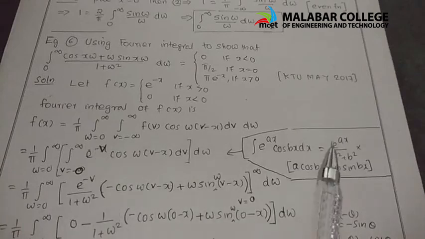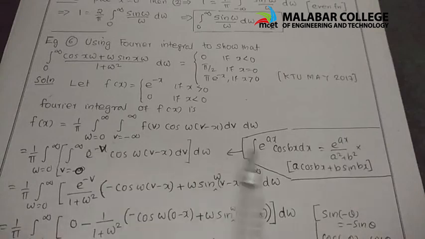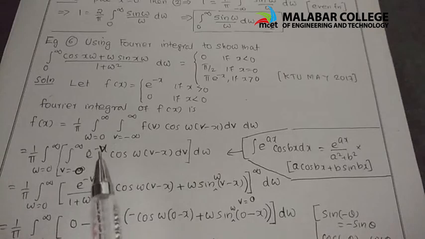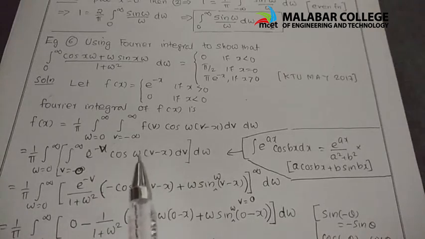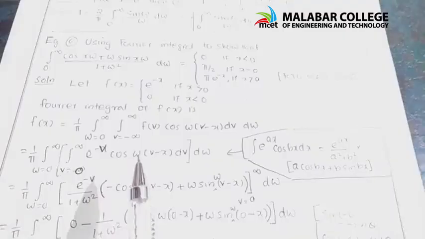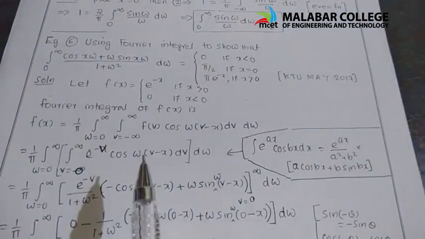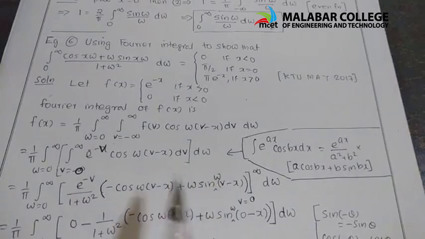And in place of bx we will get omega into v minus x. In place of v we have omega into v minus x.